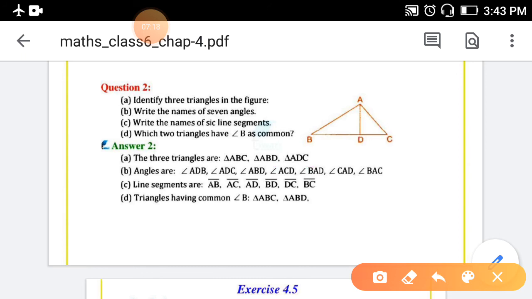B, write the names of 7 angles. So, angle ADB, this is the first one, ADC, this is the second one, next ABD, third one, ACD, fourth one, BAD, fifth one, CAD, and one full angle, BAC.